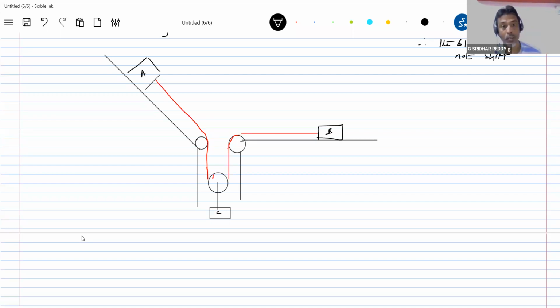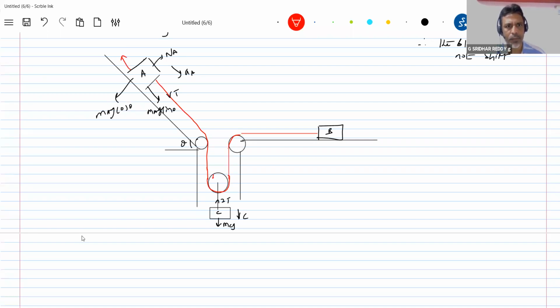Now only block A and block C will shift. MCG, 2T. So I think this will be much easier. We know how to work out the problem. Now the problem has become very simplified. So this is the normal contact NA, tension, MAG sine theta, MAG cos theta, the friction here FA, and here the tension.